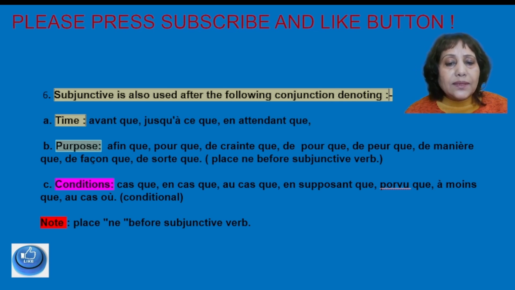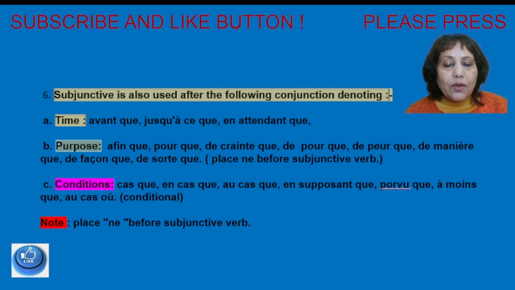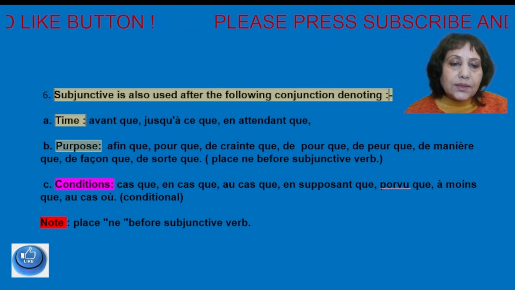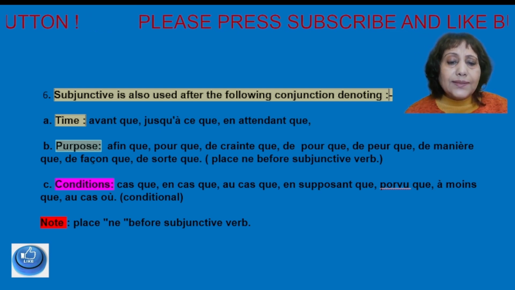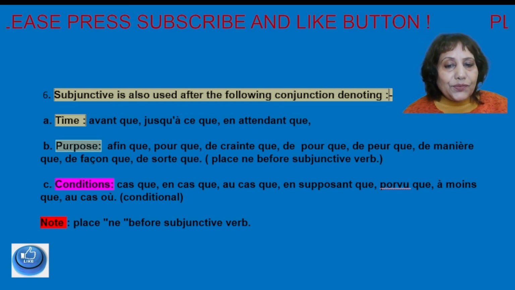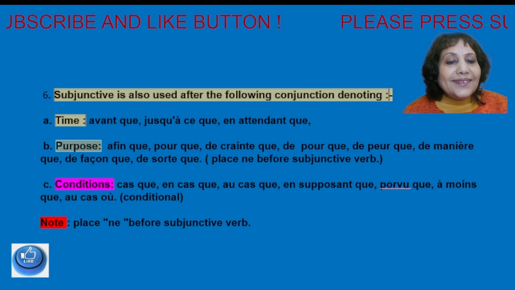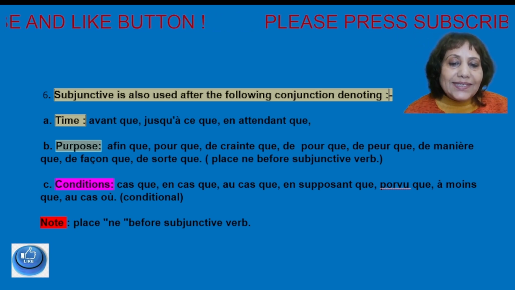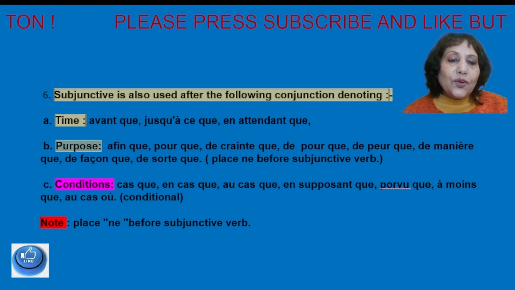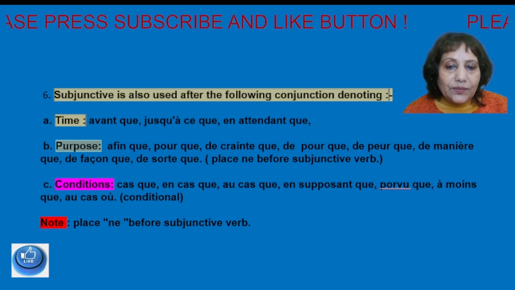Afin que, so that, in order to; de façon que, in the way of that; de sorte que, this kind of. When you say these, then we use subjunctive. All right, so just note them down, and you know when these things come as purpose, my purpose is so that, in order to that, etc. When you say so, we use subjunctive.